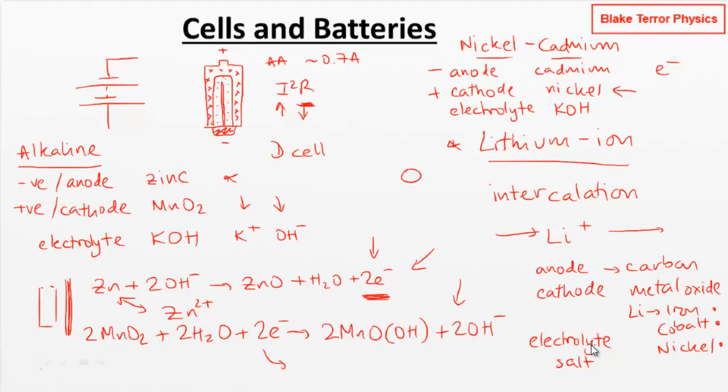We want our anode to be negative and our cathode to be positive when we're powering our circuit. So we're getting these positive lithium ions moving in one direction to get this split in charge. The positive charges are moving over to the cathode. And when we want to recharge, we plug it into the electricity source with reverse polarity to move all of our lithium ions back again.